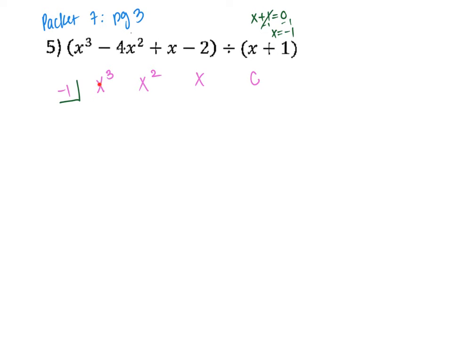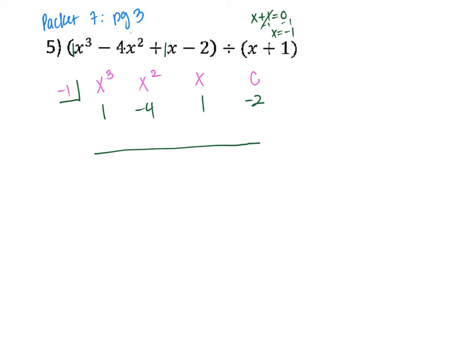And then underneath them, I'm going to write the actual coefficients. So x cubed has a 1 underneath, x squared has a -4, x has a 1, and then the constant is -2. So all I've done is write an outline, and then the numbers of the coefficients underneath them. I like to do it this way so I can order them.